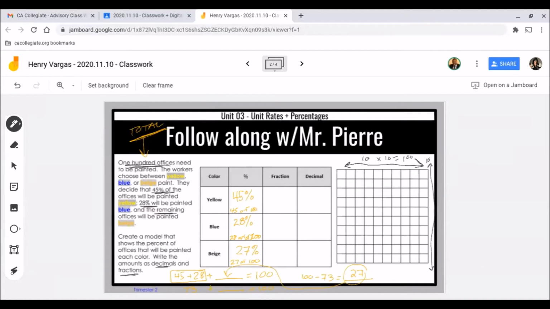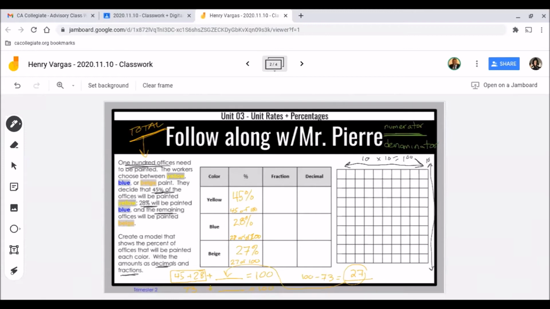Great. So now that I have the percents, let's go ahead and write in our fractions. We know that on a fraction, the numerator is the top part of the fraction, and the denominator is the bottom part of a fraction.